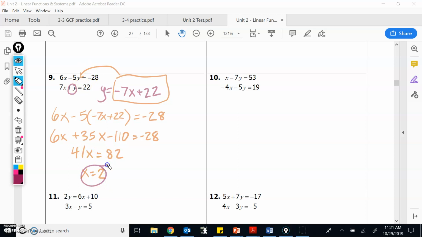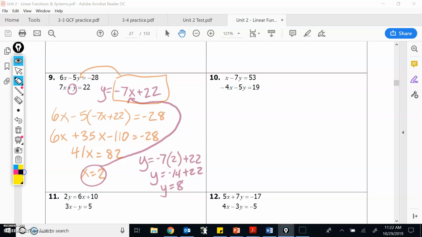I'm going to plug it in for this one because it's already solved for y. I have to do a lot less work. Plugging it in, I get y equals -7 times 2 plus 22. Y is going to equal -14 plus 22. Y equals +8. And your final answer is an ordered pair, which is 2, 8.